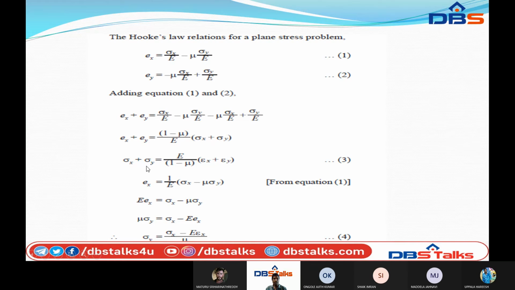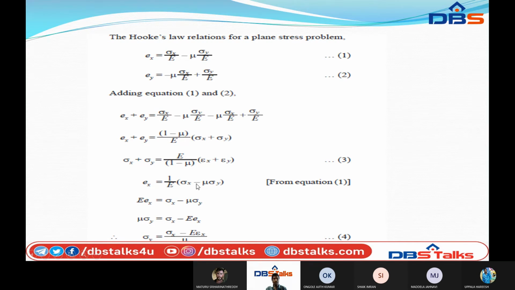Taking sigma x plus sigma y to the left side, the term will be reversed: E by (1 minus mu) into (Ex plus Ey). I'm taking only the Ex value. Ex will be 1 by E into (sigma x minus mu into sigma y).